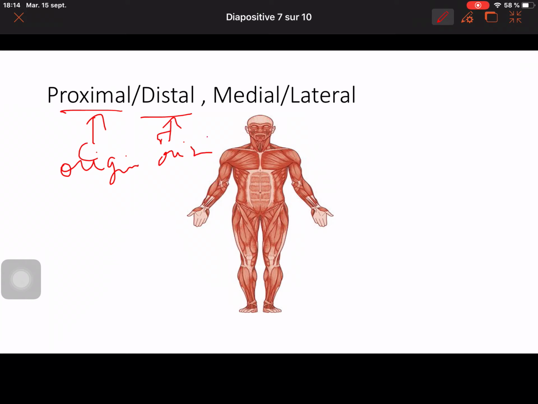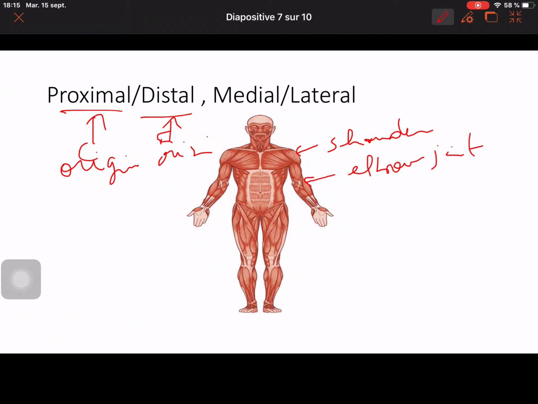Here let's take an example. We can say that the shoulder is proximal in reference to the elbow joint.